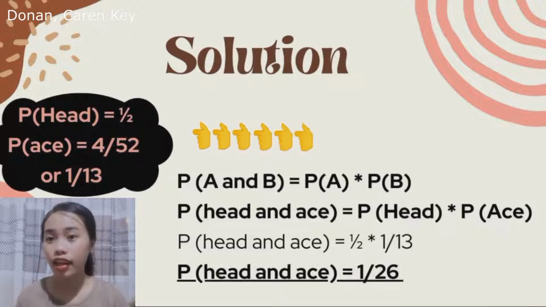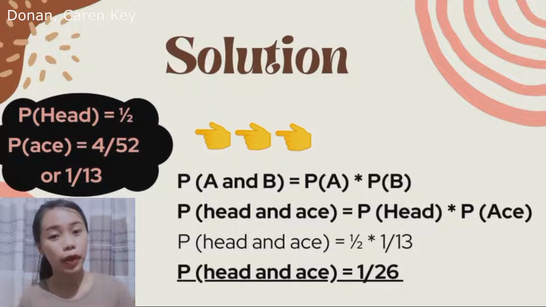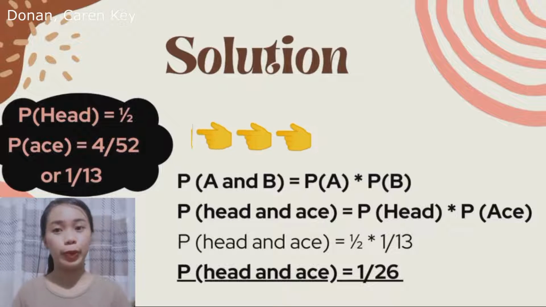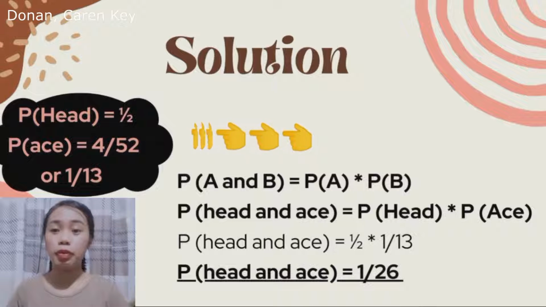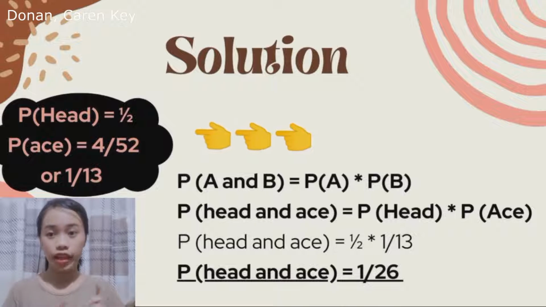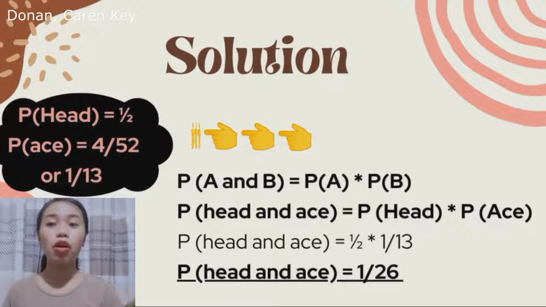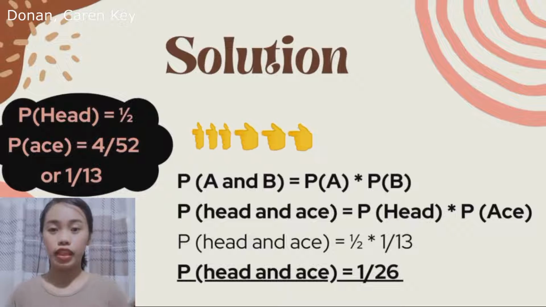from a standard deck of cards. So I believe kasi nga this situation, this sample was already discussed by the previous reporters. I know na nakabalo na mo ani tanan. So, probability of head is equal to 1/2. And the probability of ace is equal to 4 over 52, or in its simplest form, 1/13.